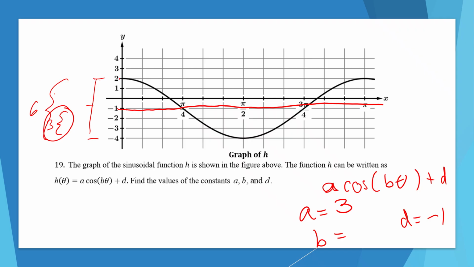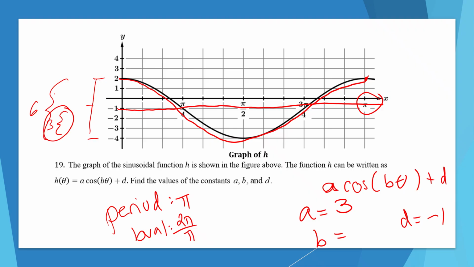So here we start at 0, go down, come back up, and then you hit the maximum at pi. So our period goes from 0 to pi, so our period is pi, which means our B value should be 2 pi over your period. Those will cancel out. And we should have a B value of 2. So that should be our answer for that one there.